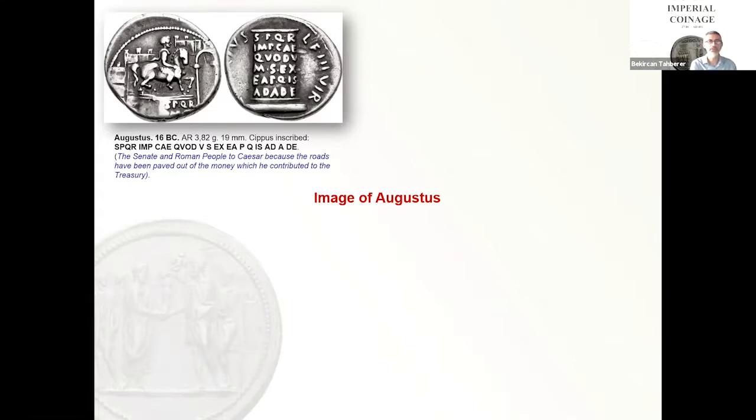And on the reverse, there is a cippus inscribed, the Senate and Roman people to Caesar, because the roads have been paved out of the money which he contributed to the treasury. It's an amazing piece of propaganda, and also a fact that he provided funds to pave roads for people.